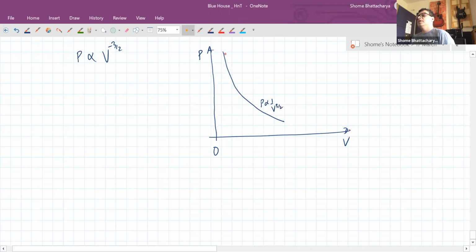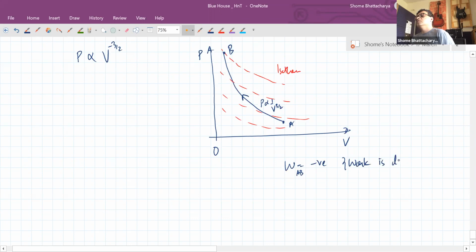Compared to that, the isotherms are like this. So for example, if we are going from A to B, you can see that WAB is negative.